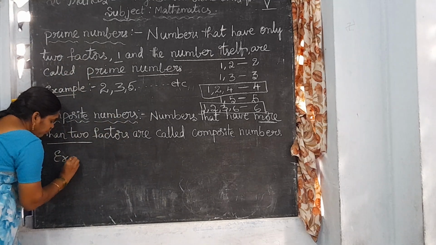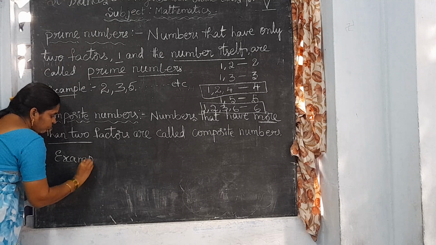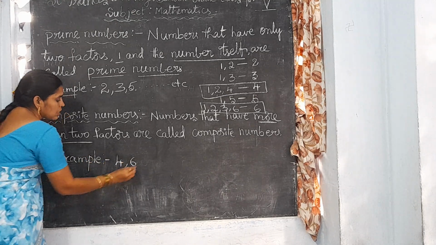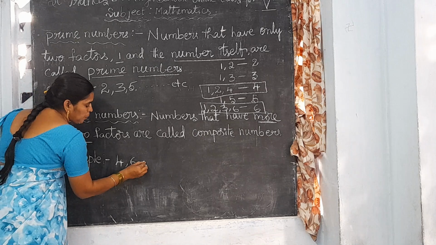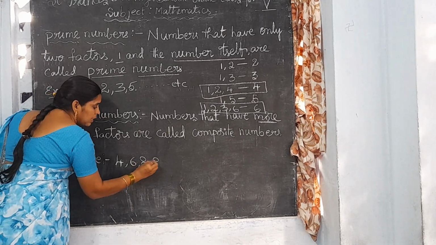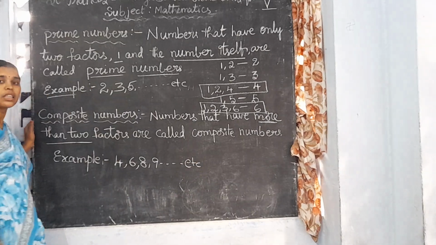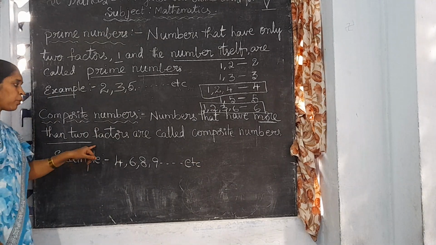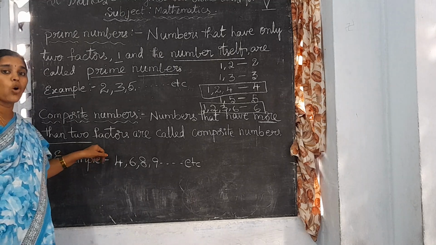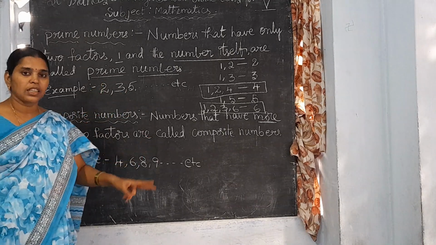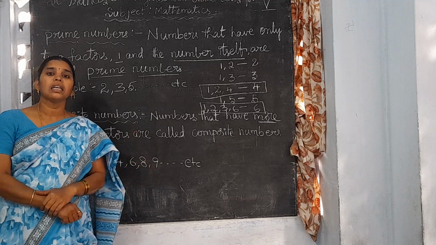Example: 4, 6, 8, 9, etc. Is it clear, children? Composite number means it has more than two factors.